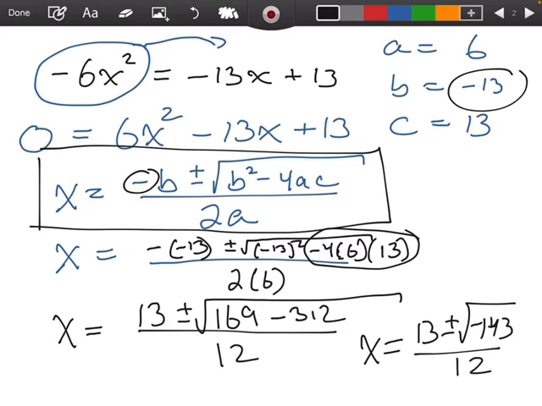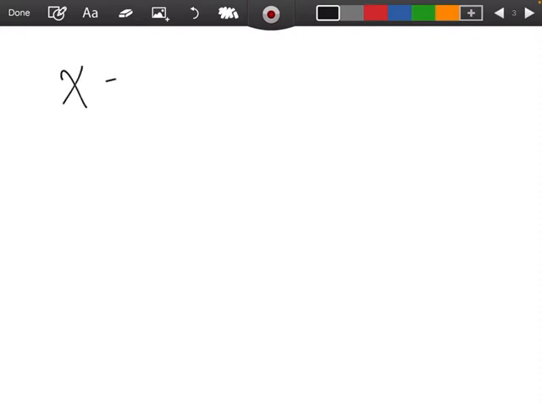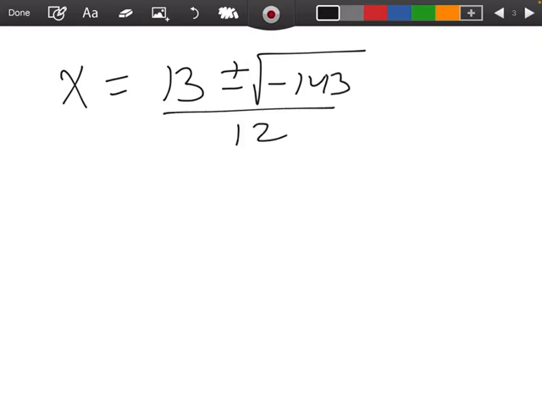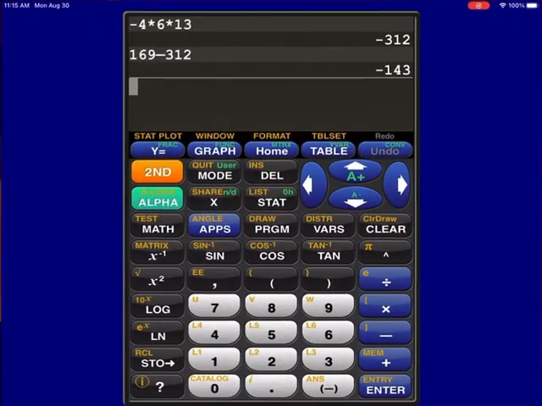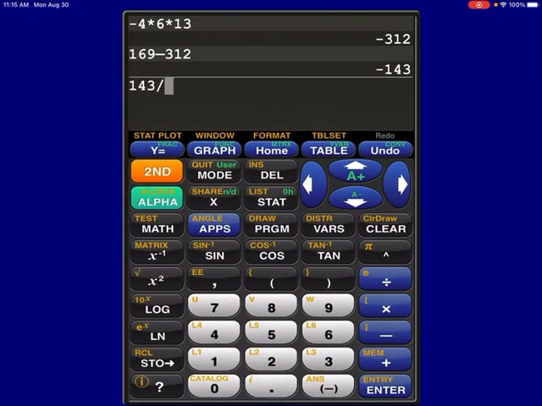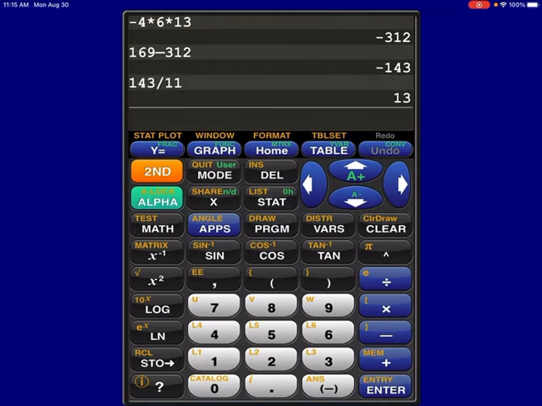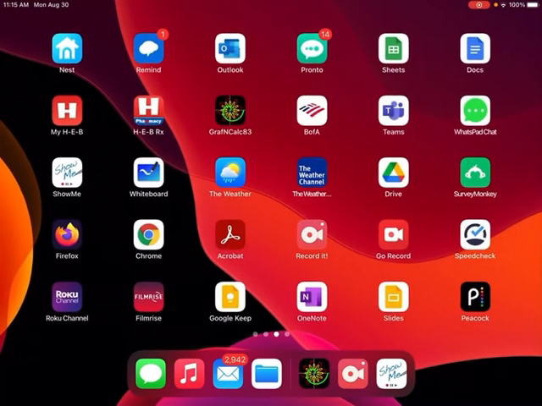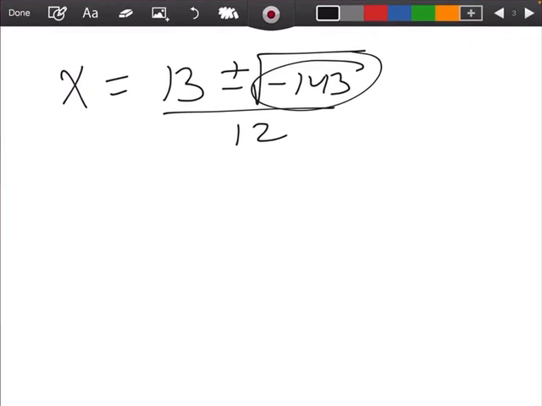Let me go to the next slide. So x equals 13 plus or minus the square root of negative 143 all over 12. Now, I can break down 143, I'm pretty sure. I think I can divide it by 11. Yeah, it's just 11 times 13. The reason I'm doing that, guys, is I'm trying to see if I can break down this number, 143.